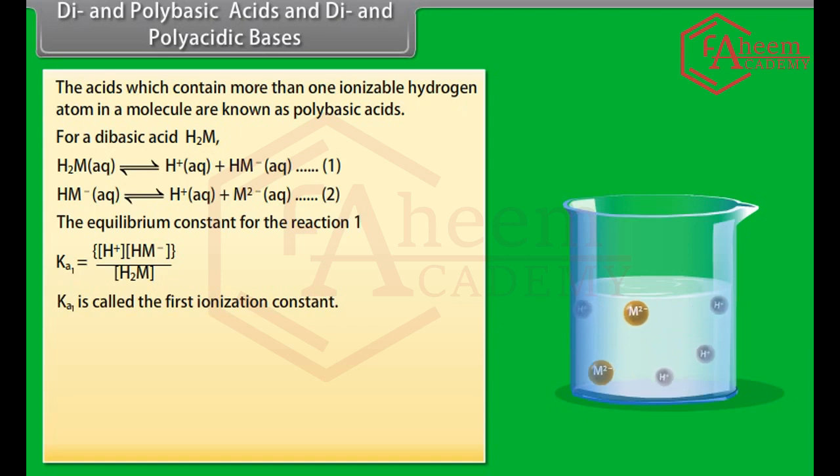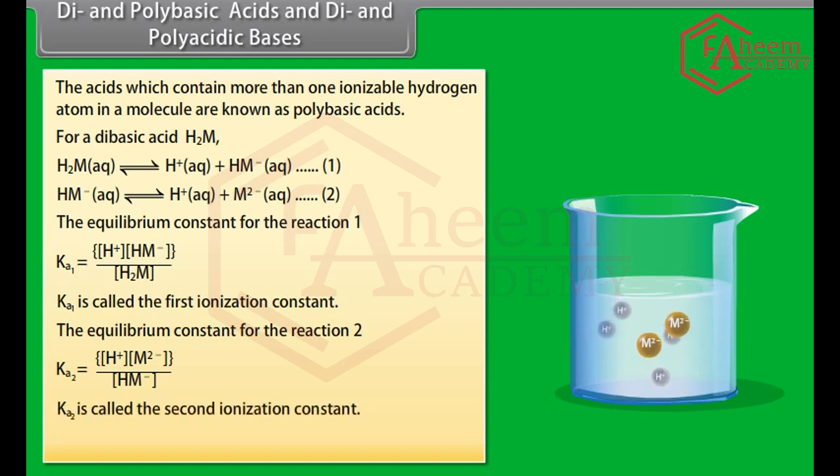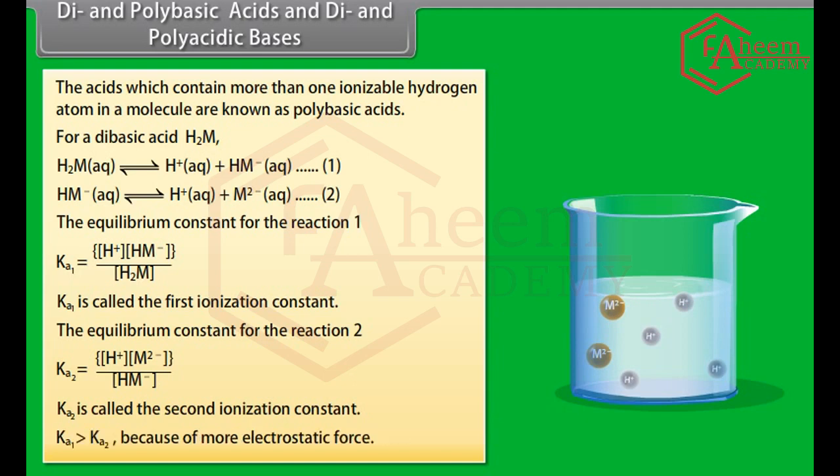Ka1 is called the first ionization constant. The equilibrium constant for reaction 2, Ka2, is equal to H plus into M 2 minus by HM minus. Ka2 is called the second ionization constant. Ka1 is greater than Ka2 because of more electrostatic force.